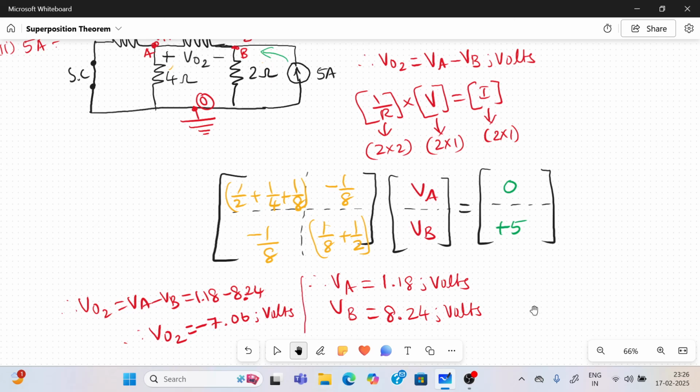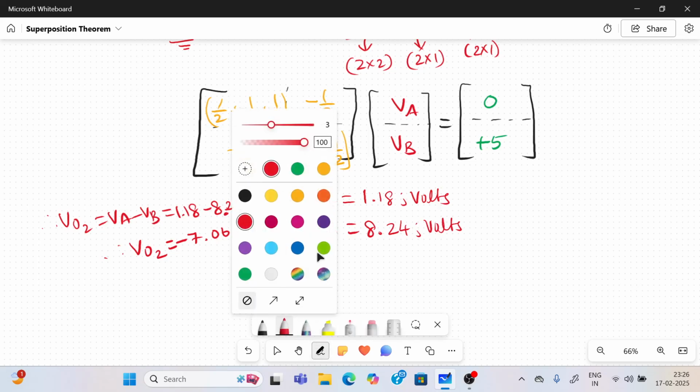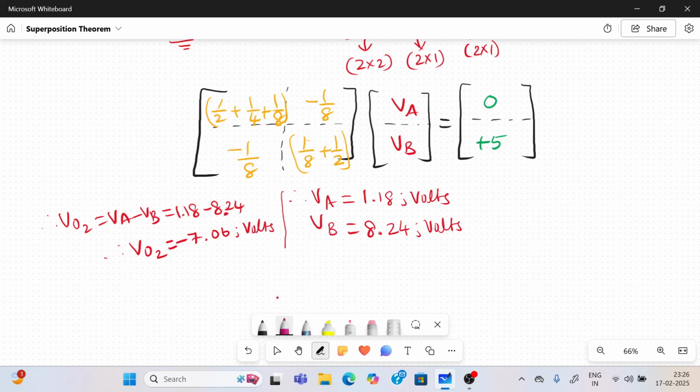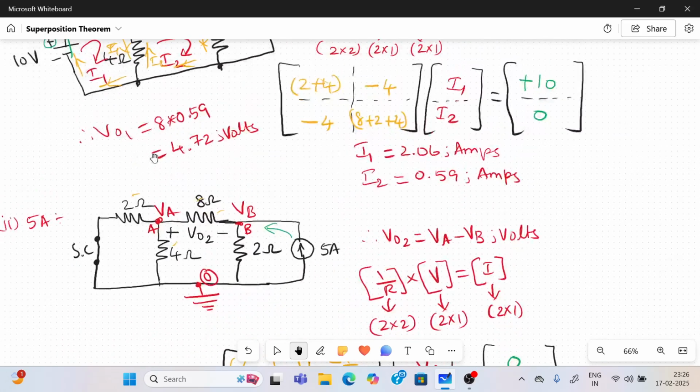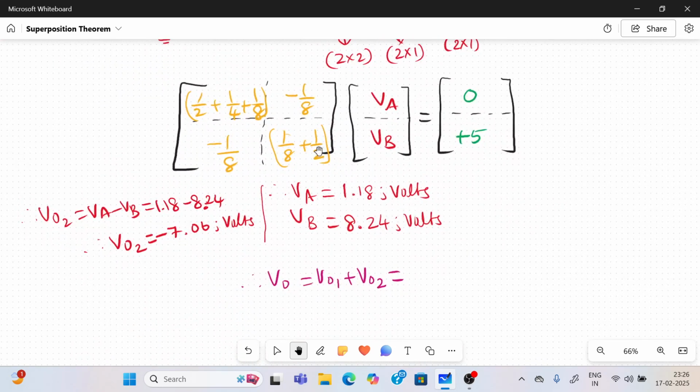Finally, what is V0? Your final answer: V0 is equal to V01 plus V02. Your V01 is 4.72.